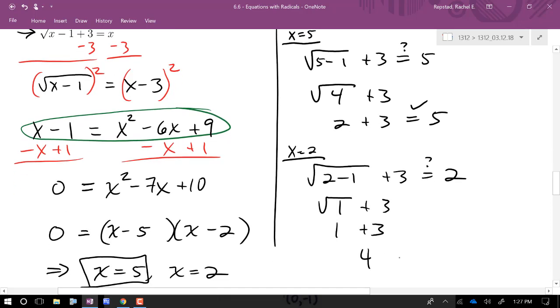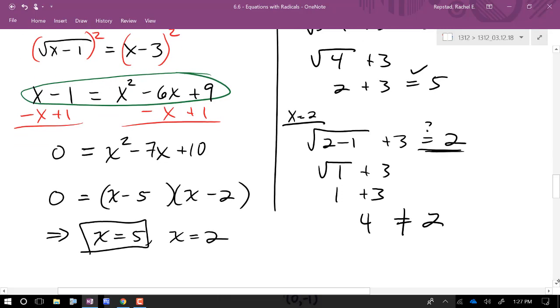And you know what's true about 4? It's not 5. Well, it's not 2. On this one, the equation is equals x, so our other side is 2. So 4 is not equal to 2, which means x equals 2 is not a solution. So we get just one solution to this, which is x equals 5.